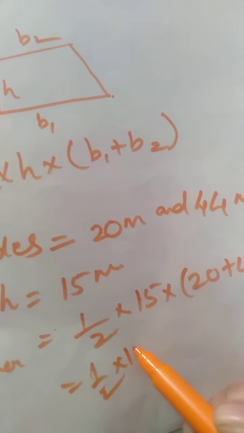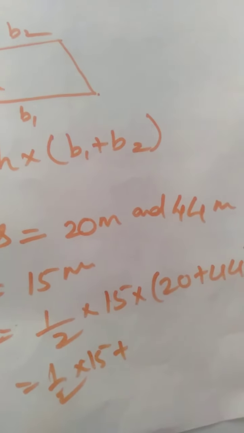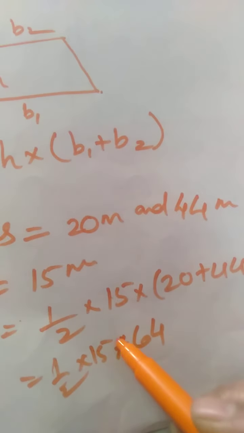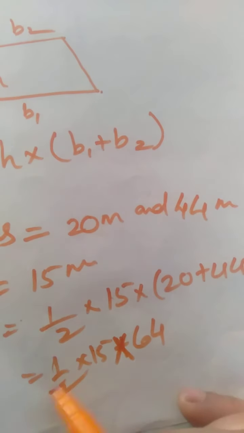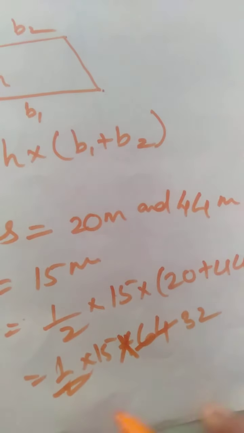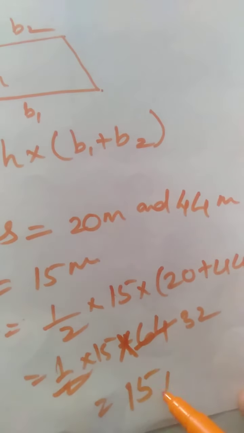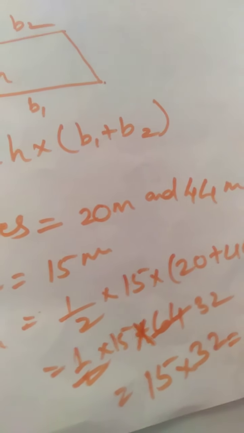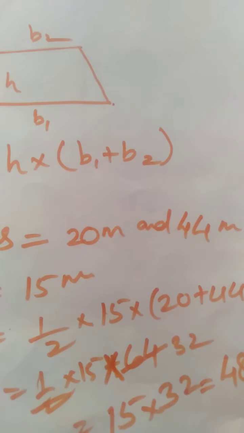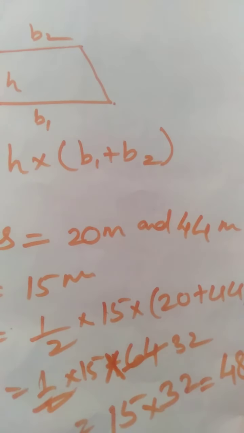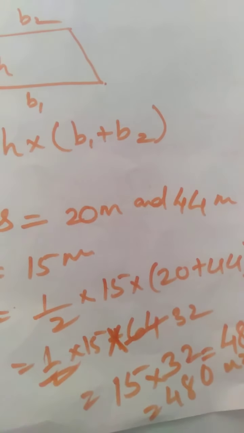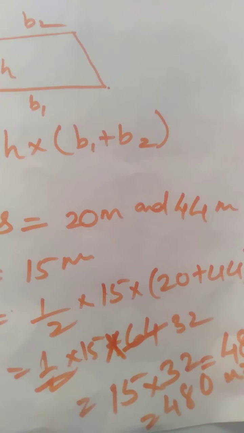So half into 15 into 20 plus 44. 20 plus 44 is 64. This is multiplication. Now cancelling this, 32. 32 into 15, that is 480 meter square. So that is how you can find out the area using the formula of the trapezium.